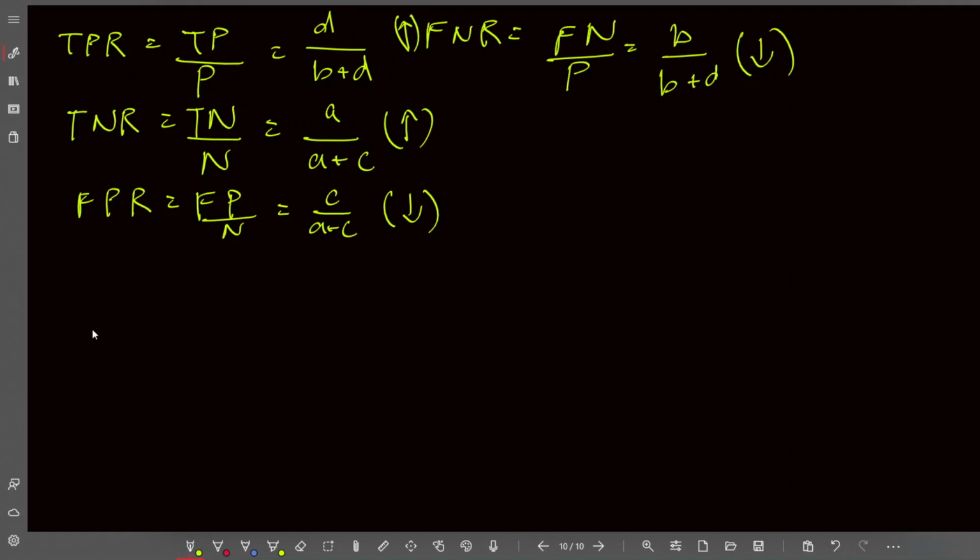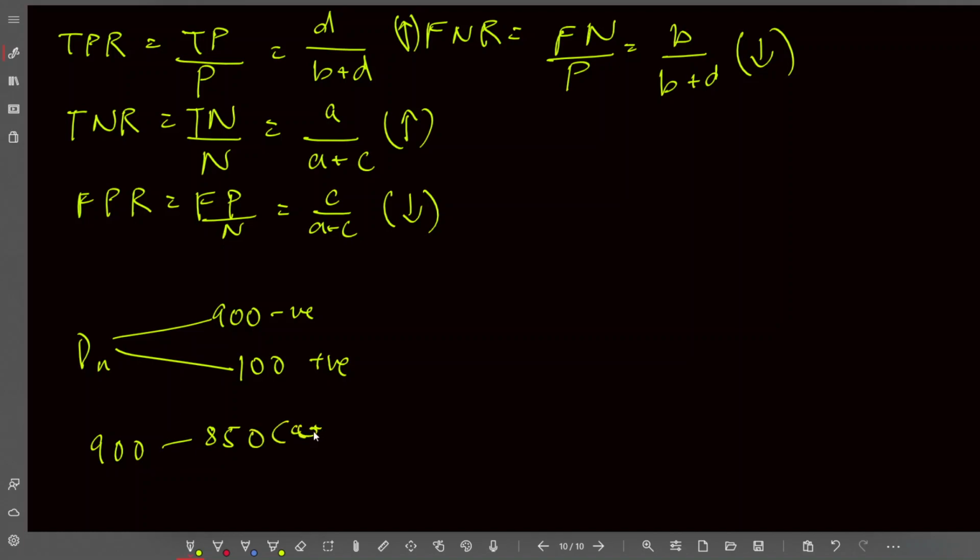accuracy, right? Let's say I have a very highly imbalanced data set. For example, my data set is, let's call it Dn, and it has 900 negative points and it has 100 positive points. Okay, and let's just say that out of these 900 negative points, 850 were correctly classified as negative, and 50 were incorrectly classified as positive.